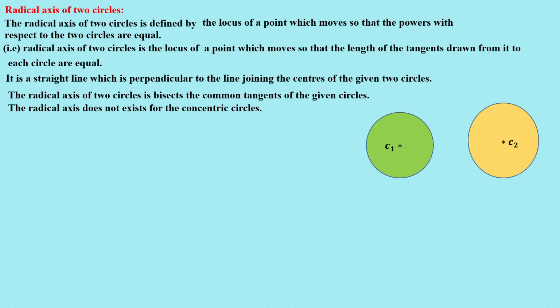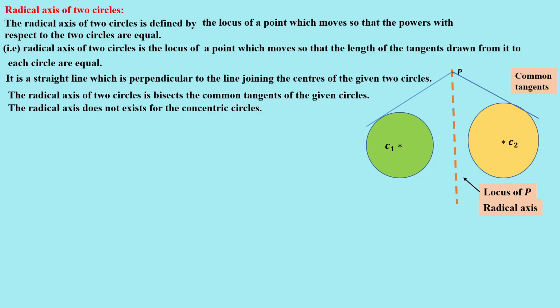So C1 is the first circle with center C1, then the second circle with center C2, and P is the point. The line is the locus of that point, such that we are drawing tangents from that particular point. The lengths of the tangents to the first circle and the second circle are equal. Then the moving path of that point, that is the locus of the point, is called the radical axis, right?